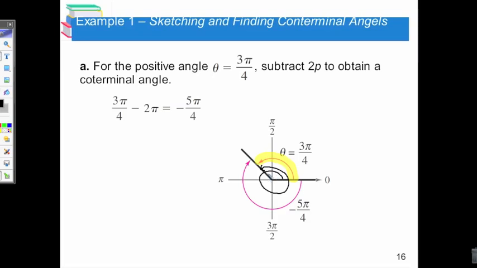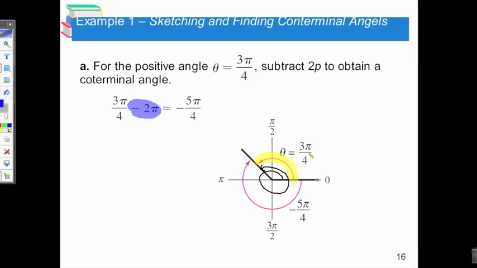It's basically just adding a full rotation, which is adding 2 pi. Let's do the one that's a little bit more complicated, which is finding the negative version. Well, if finding the full rotation was adding 2 pi, finding the negative version is almost just as easy, in the same vein. It's subtracting 2 pi.